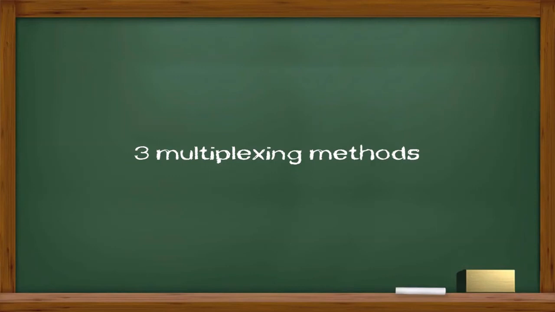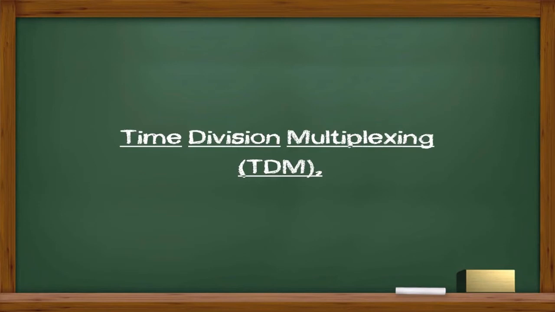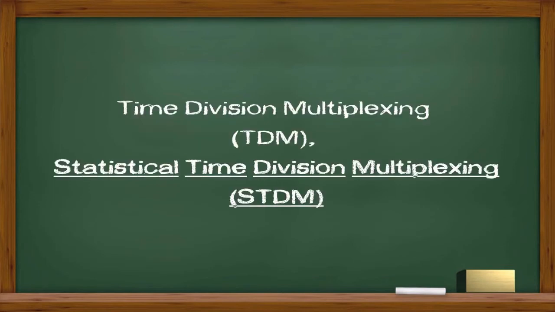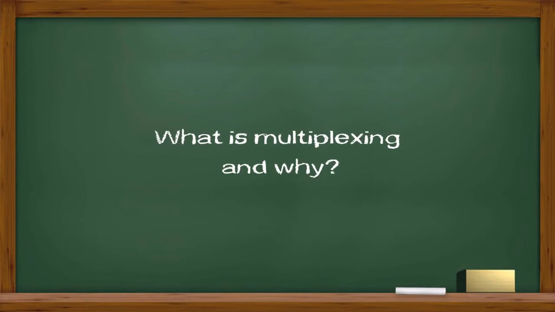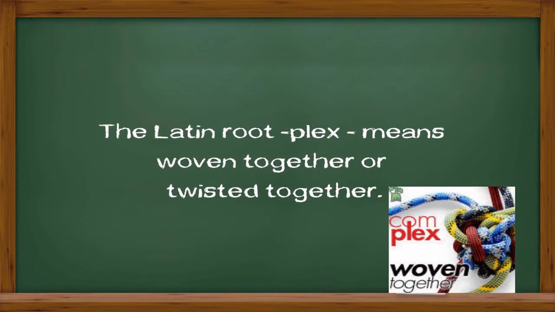Today I will talk about three multiplexing methods: time division multiplexing, statistical time division multiplexing, and frequency division multiplexing. The Latin root plex means woven together or twisted together.